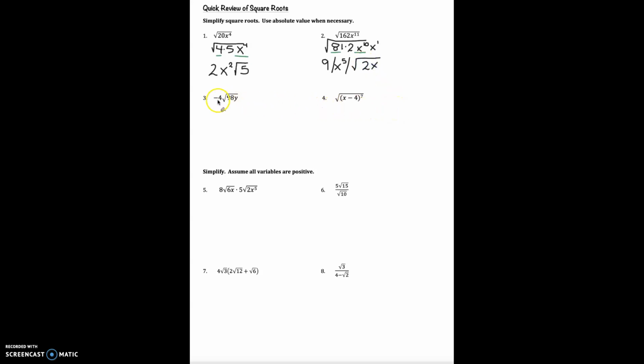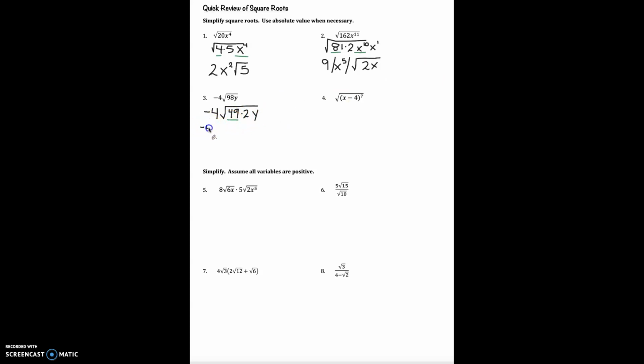Number 3 has a coefficient of -4, so we want to be sure that we multiply by a -4 at the end. We're going to break 98 down to 49 times 2. And then we have that y there. 49 is a perfect square, so the square root of 49 is 7.